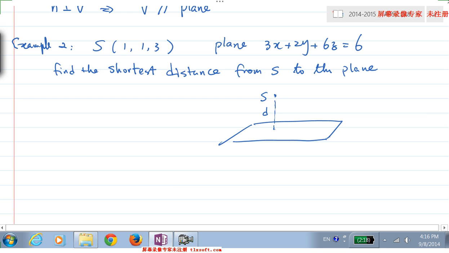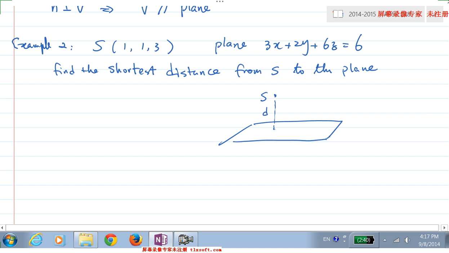Let's think in the reverse way: you want to use the dot product, right? As I mentioned, a very common application of the dot product is projection, right? You want to know the length of projection, meaning use the vector dot the direction.